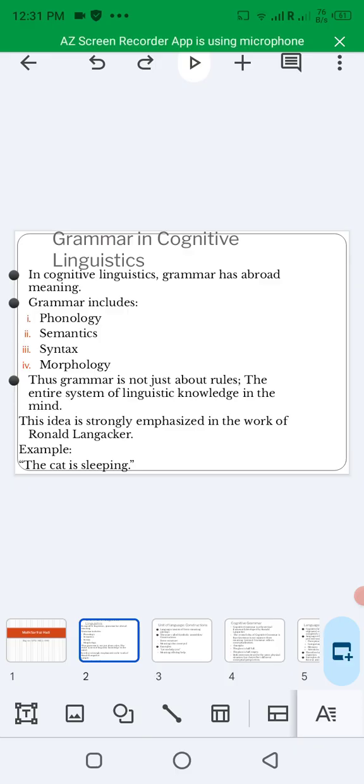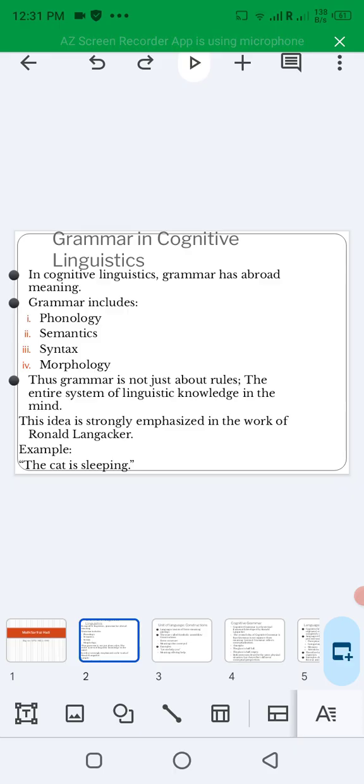This system integrates multiple components of language, such as phonology, the sound patterns of language, morphology, the structure and formation of words, syntax, the arrangement of words in a sentence, and semantics, meaning the meanings of words in sentences.